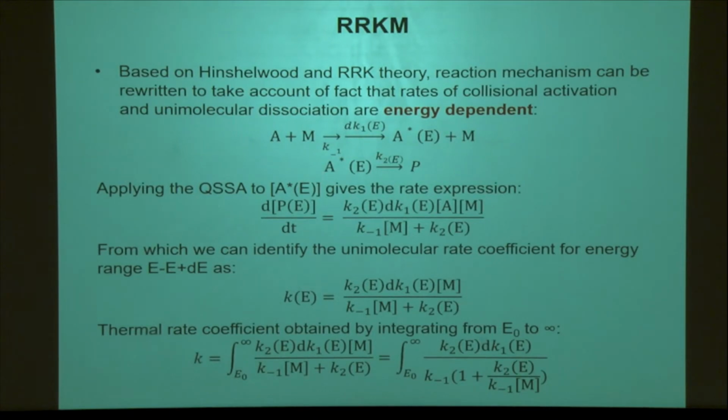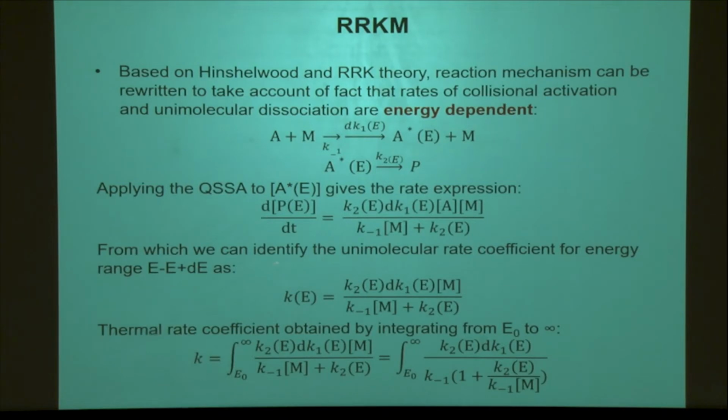For a reaction where we're moving through collisions to an activated complex and then to form products, we've still got this quasi-equilibrium between the activated complex and the reactants, so we can still use the quasi-steady state approximation to give our rate expression for the formation of products. But now everything is energy dependent.